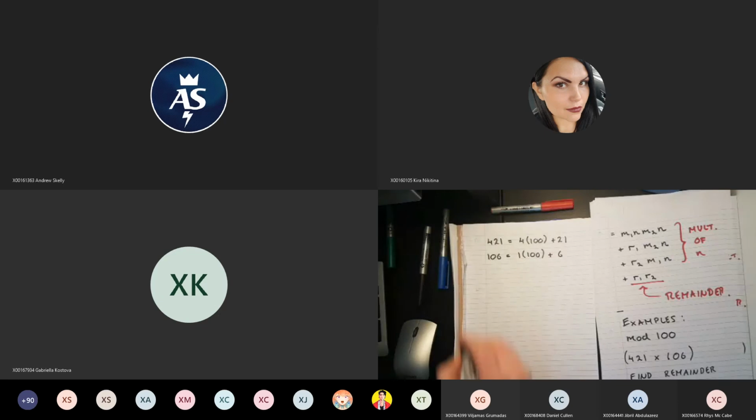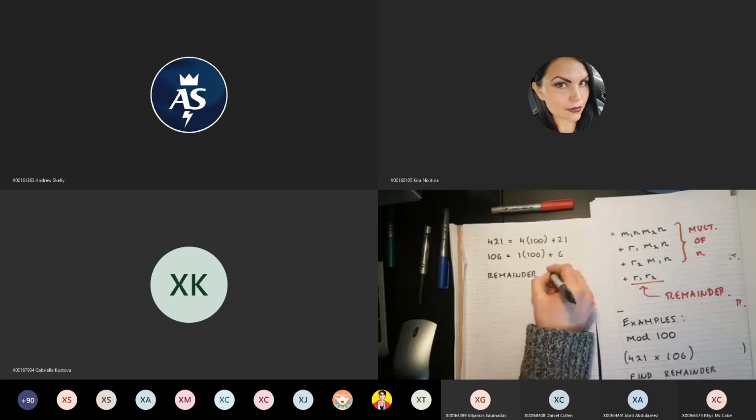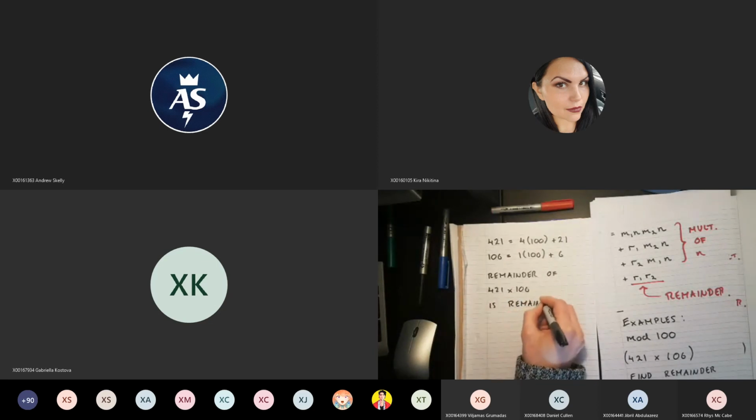So that means the remainder of 421 multiplied by 106 is the same as the remainder of 21 times 6. And 21 times 6 is something much smaller that I can actually do in my head. It's going to be 126.